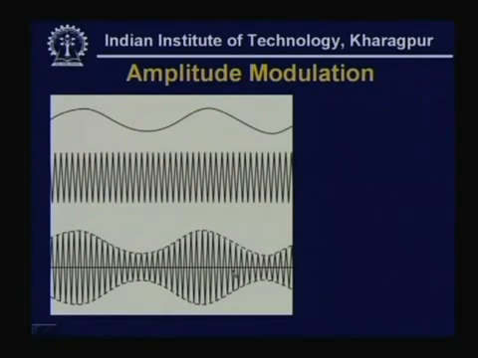So, here you see we are giving an example of a signal. This is a baseband signal of low frequency. In this case it is a sinusoidal signal, and this is your carrier. And here as you can see, the amplitude of this carrier has been modified with the help of this baseband signal.